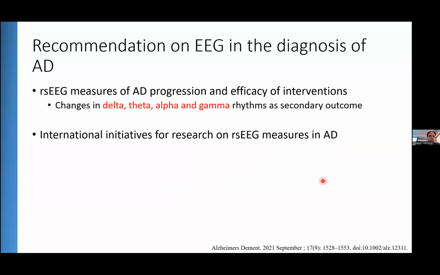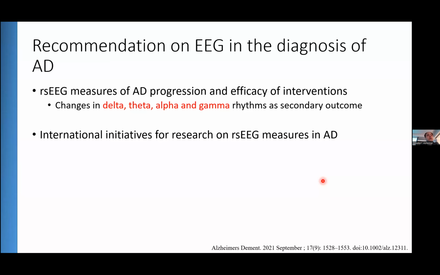What we can also do is that the changes in the delta, theta, alpha, and gamma rhythms could be a secondary outcome. We know, for example, that with the load of amyloid in the CSF, after a certain amount of time, regardless of how cognitively impaired the patient is, the amyloid levels won't change very much.